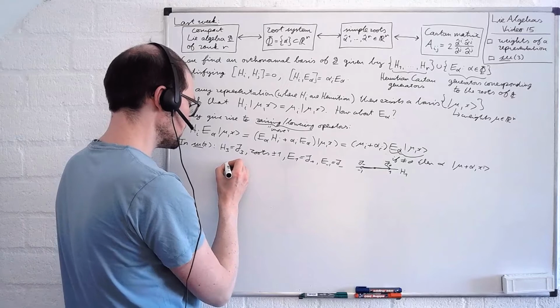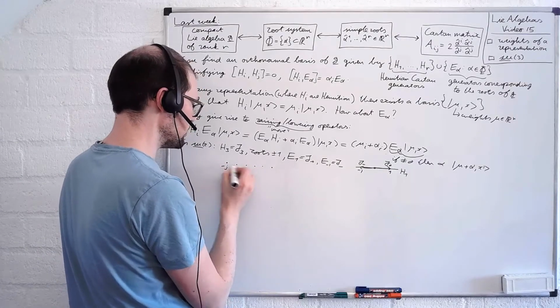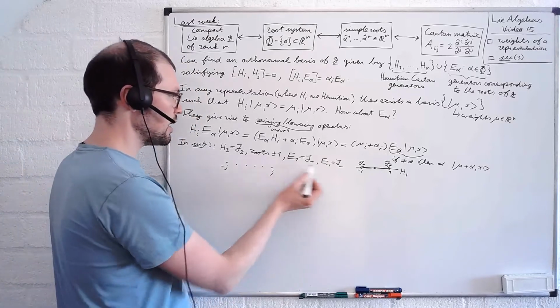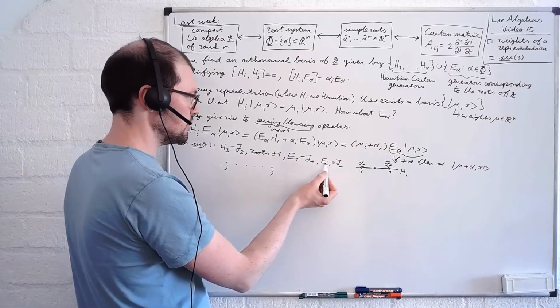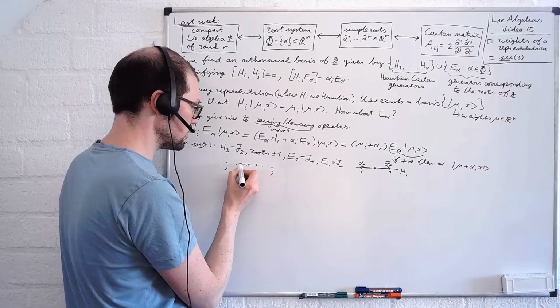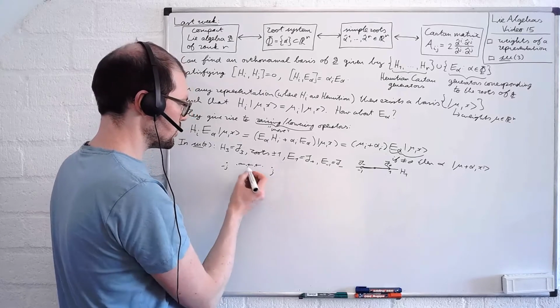This is just saying that we have a certain number of states, say from minus J up to J, and the generators corresponding to the roots just move us either down by 1 or up by 1.